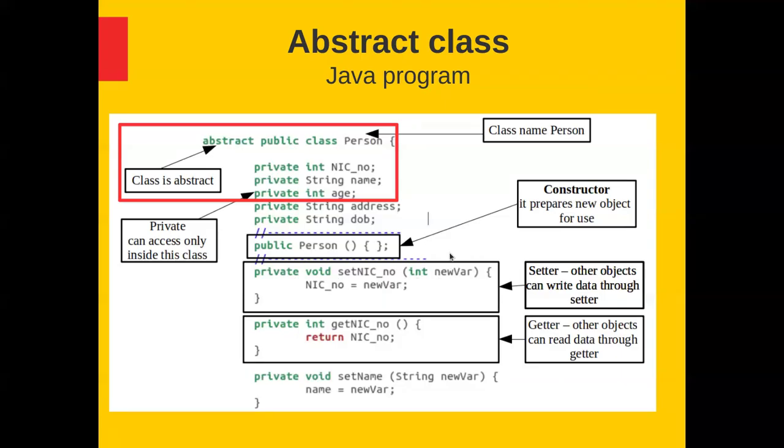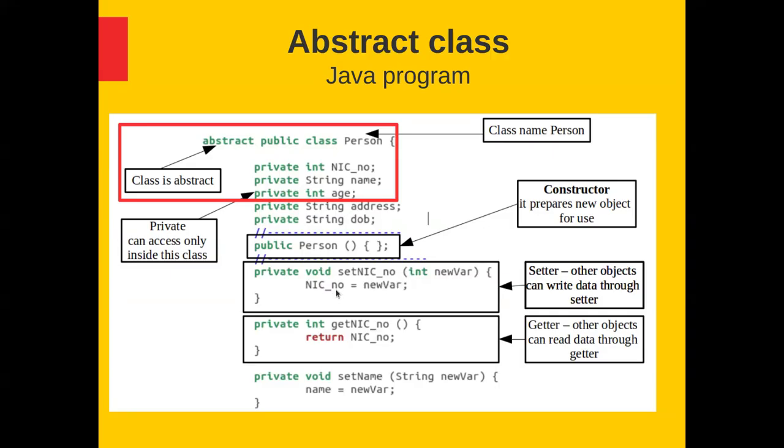Now using other objects, by accessing this method, we have to enter a new variable and assign it to the NIC number.